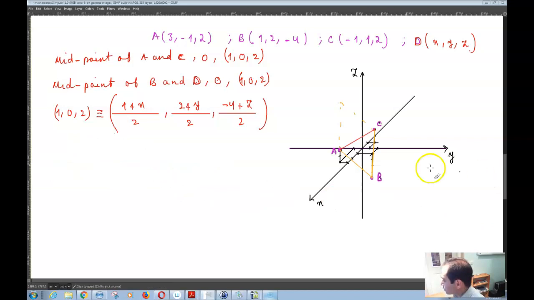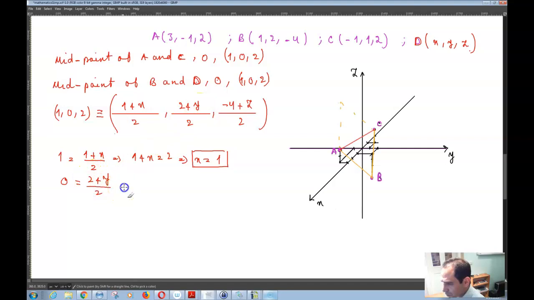So I can write 1 is equal to (1 plus x) divided by 2, meaning that 1 plus x is equal to 2, meaning that x is equal to 2 minus 1, which is 1. And then 0 is equal to (2 plus y) divided by 2, meaning that 2 plus y is equal to 0, meaning that y is equal to negative 2.